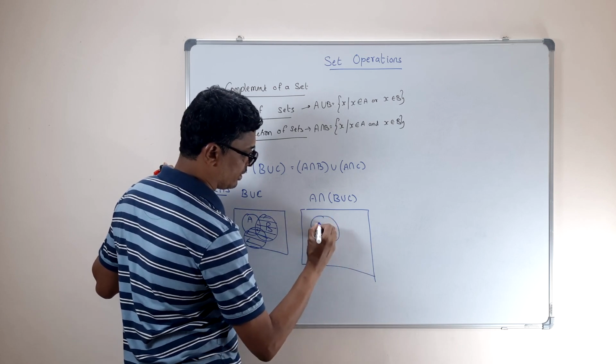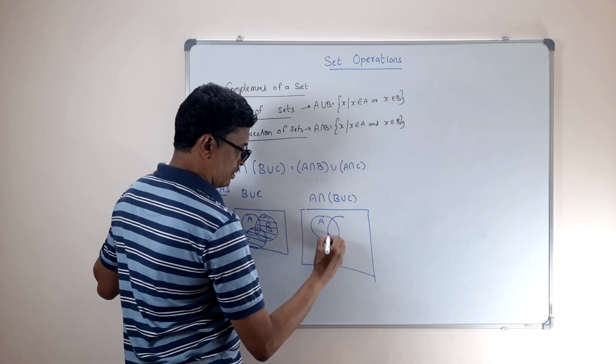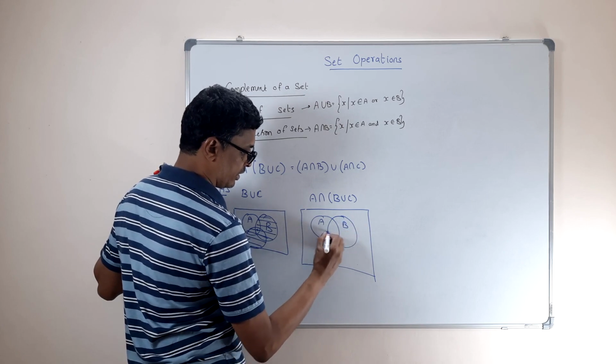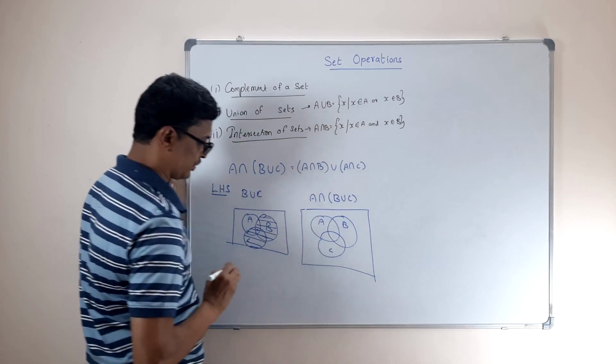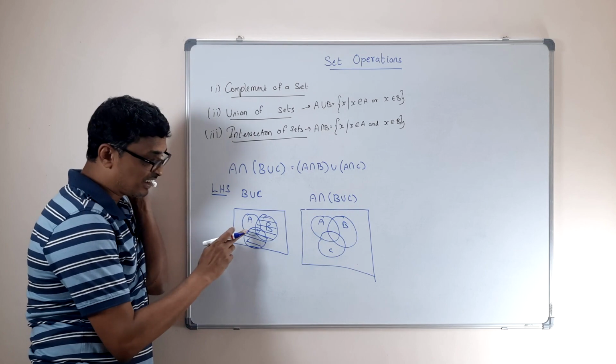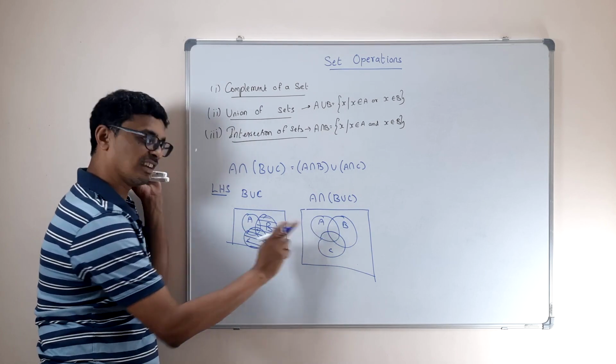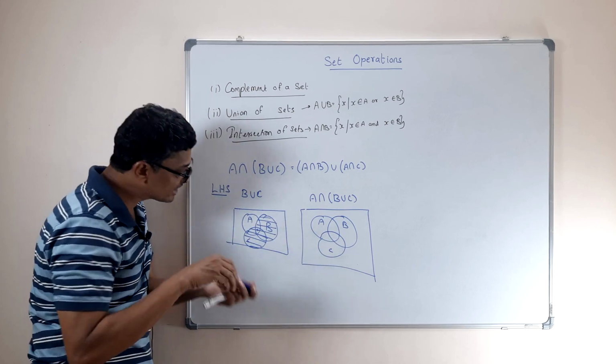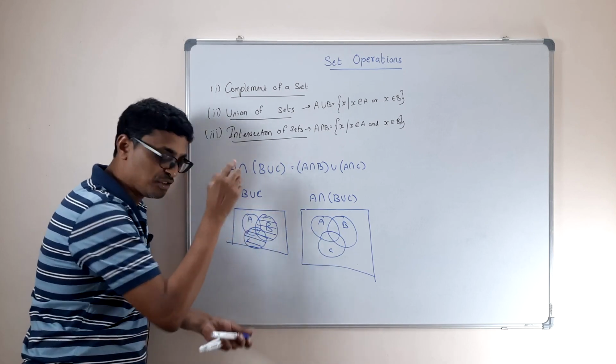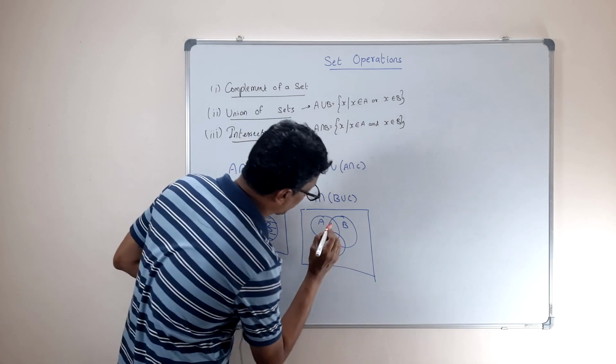This is A, B, and this is C. So, now you tell me. The center will be one part, and above that, left side of that. Correct? That's it. Nothing else will be there because this is the only intersection portion, right? So, the intersection portion will be your answer.